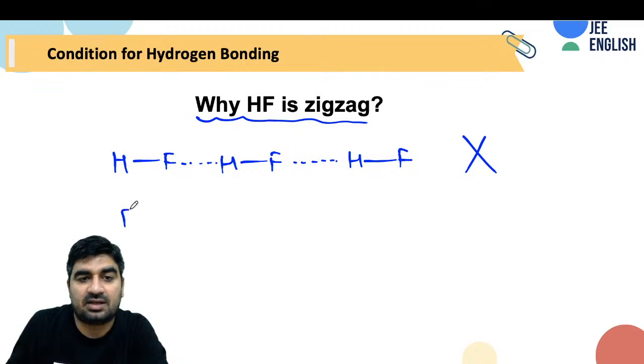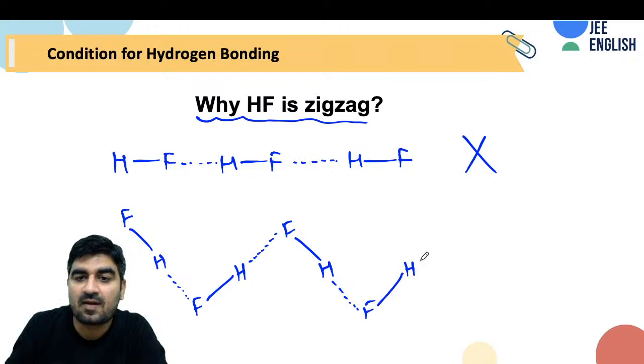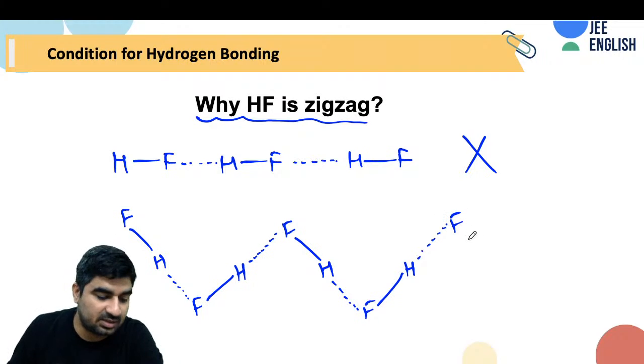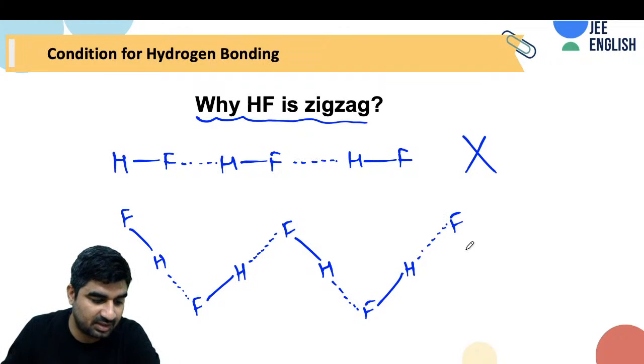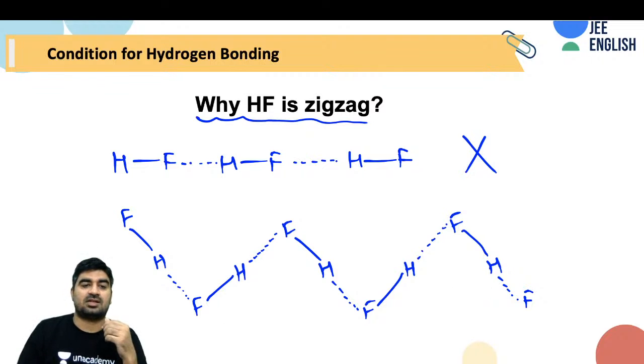The structure is like fluorine, hydrogen, then we have fluorine. So, is there anyone who can tell me why this structure is zigzag? Yes, Tharian, can you tell me why this structure is zigzag?